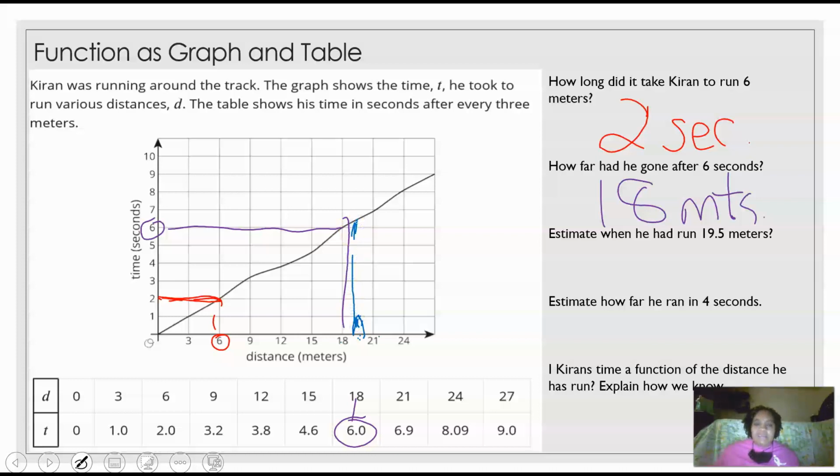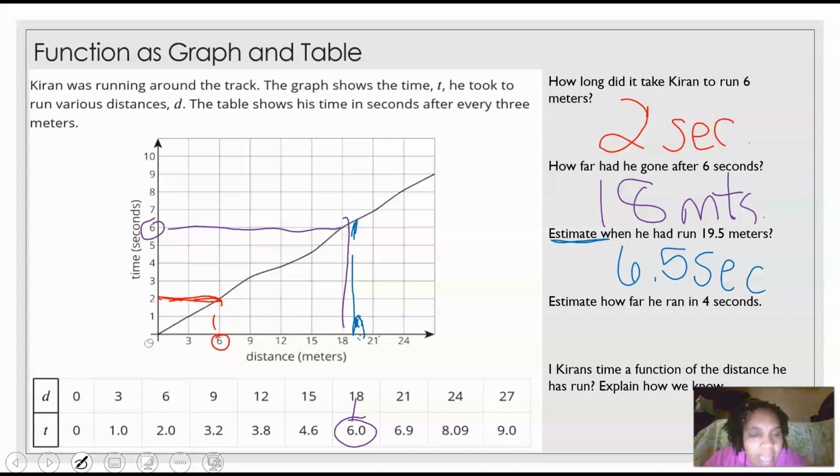So we'll say about 6.5 seconds. It's an estimate, an educated guess. We're not going to go off the wall and say 7.5 because then we went over. But it's in between the 6 and the 7, okay?